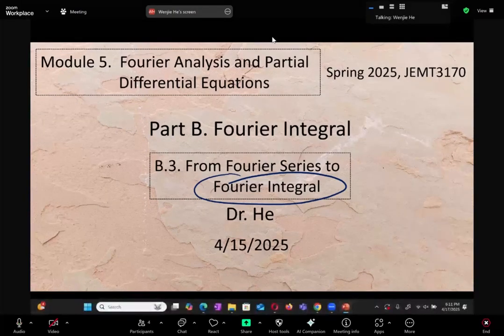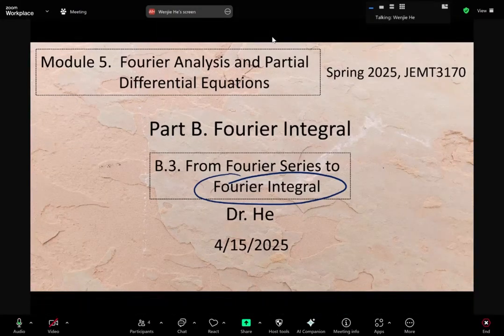Series, the functions we can use for Fourier series are relatively limited. Let me compare the functions. The functions we need to work with in the real world, we can consider these two types.